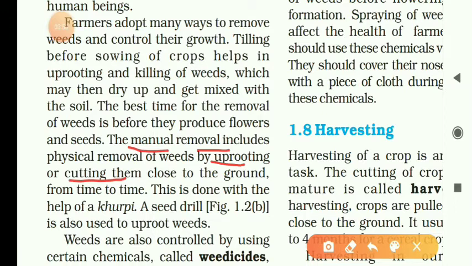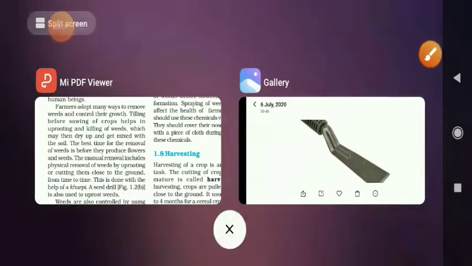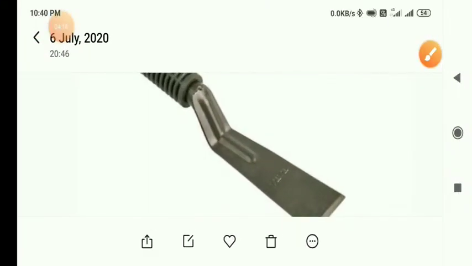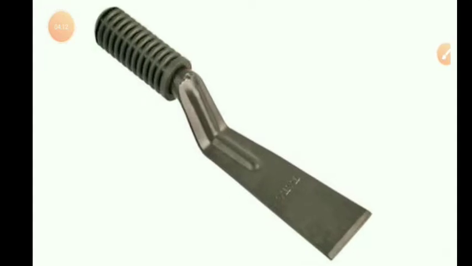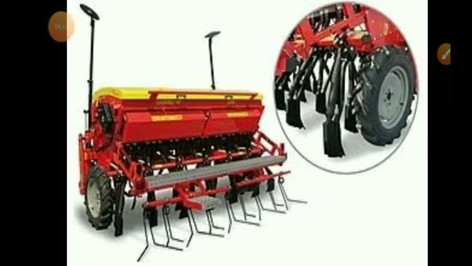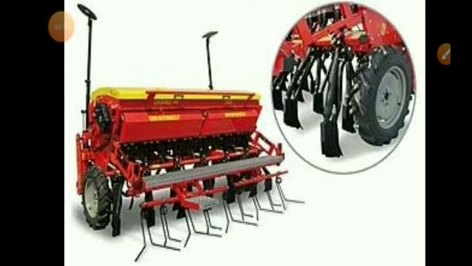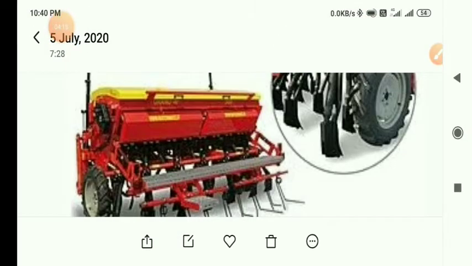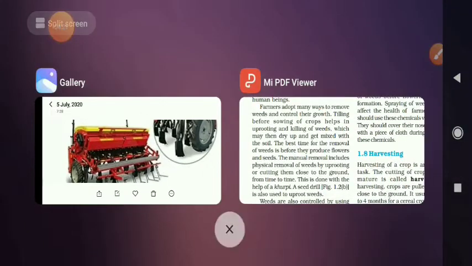This is also done with the help of a kurpi nowadays. Kurpi also and seed drill also. See, I will show you this one. The kurpi, this one, or seed drill. Like this way you can remove the weeds.